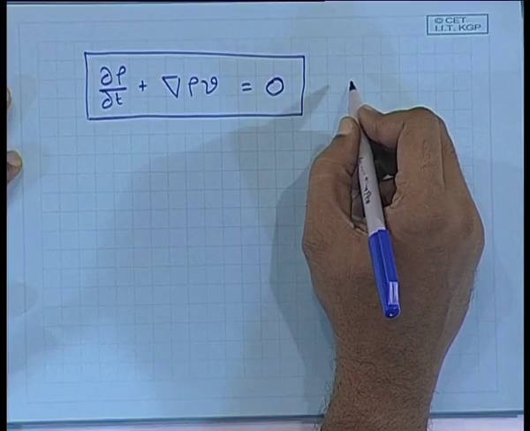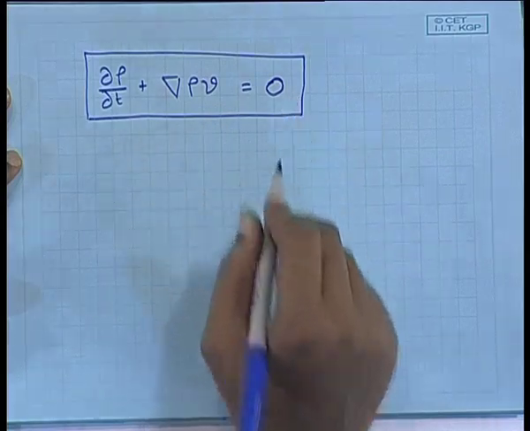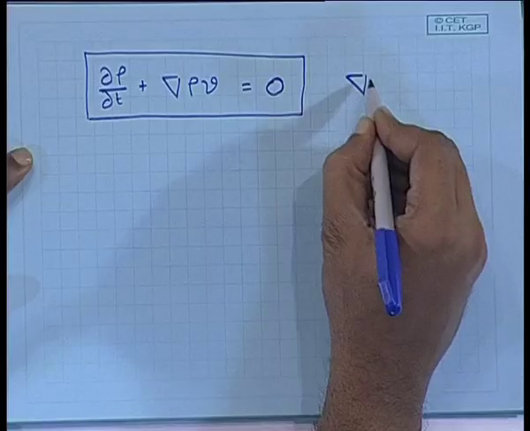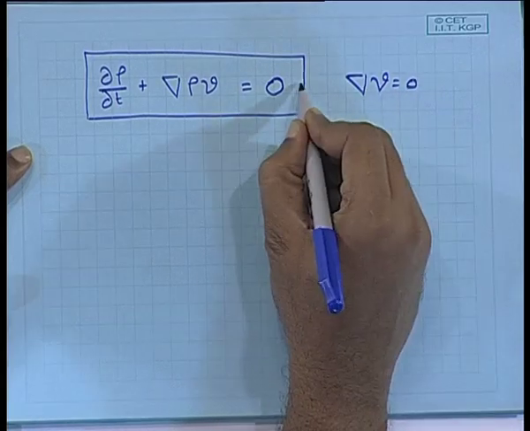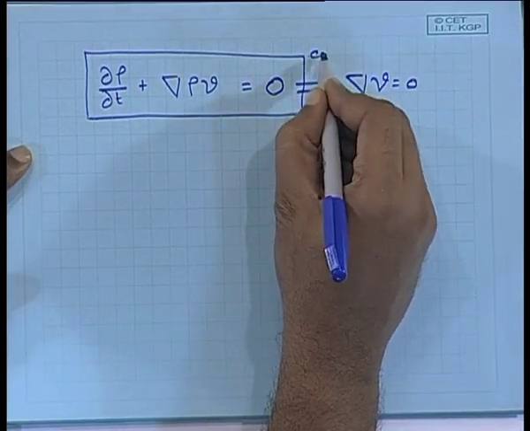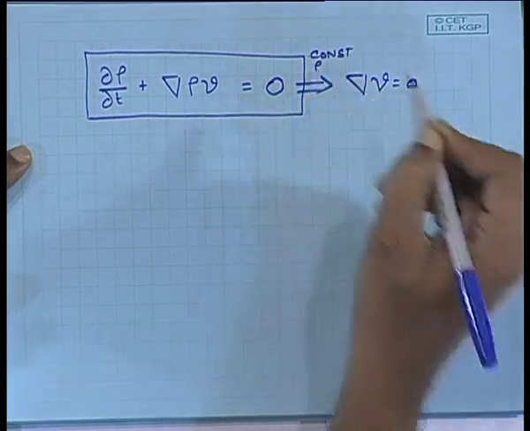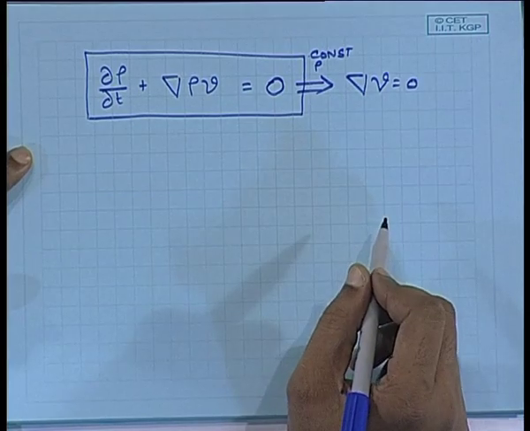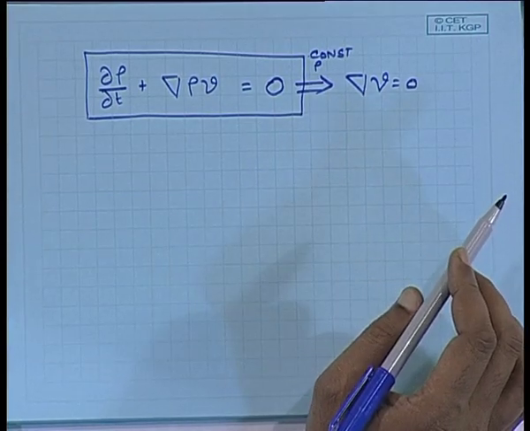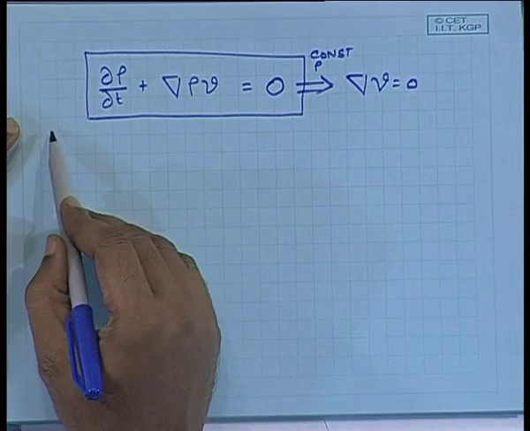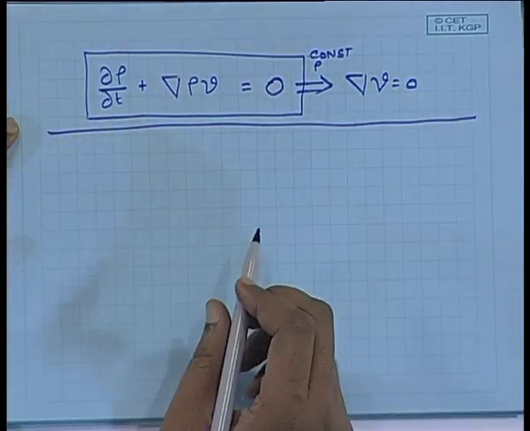And what is the equation of continuity for a fluid of constant density? Divergence of V is equal to 0. So, for a fluid of constant density, as you can see from this equation as well, divergence of V would be equal to 0. So, so far we are consistent with whatever we have seen.